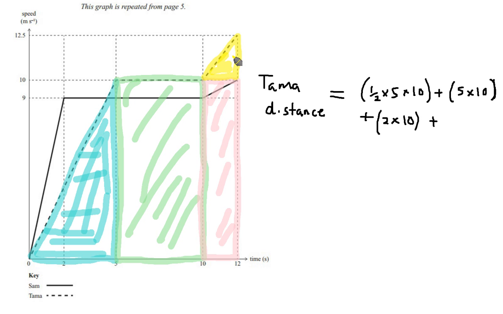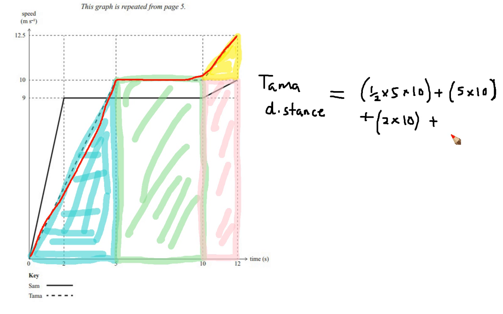Alright, this little triangle bit here, because that's going to give us, if we follow Tama's line up and along here, once we've got that, we're going to have the total area underneath his graph.